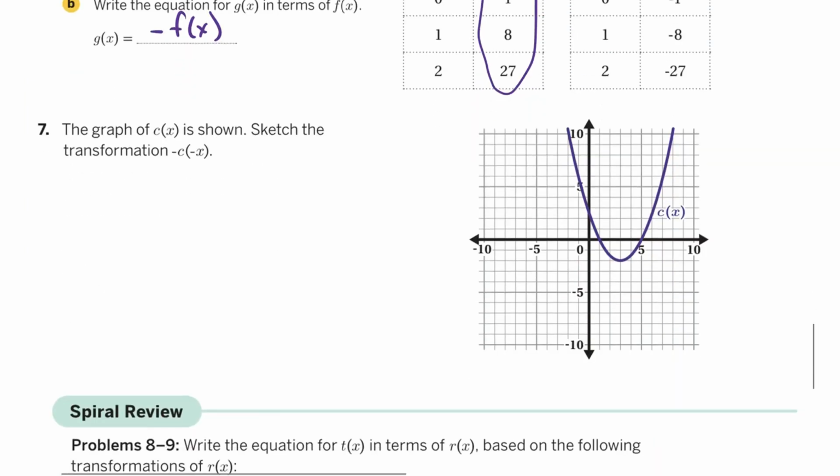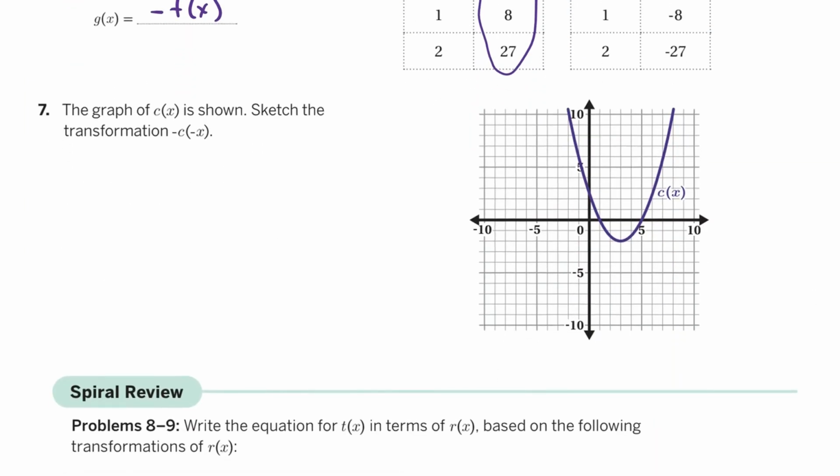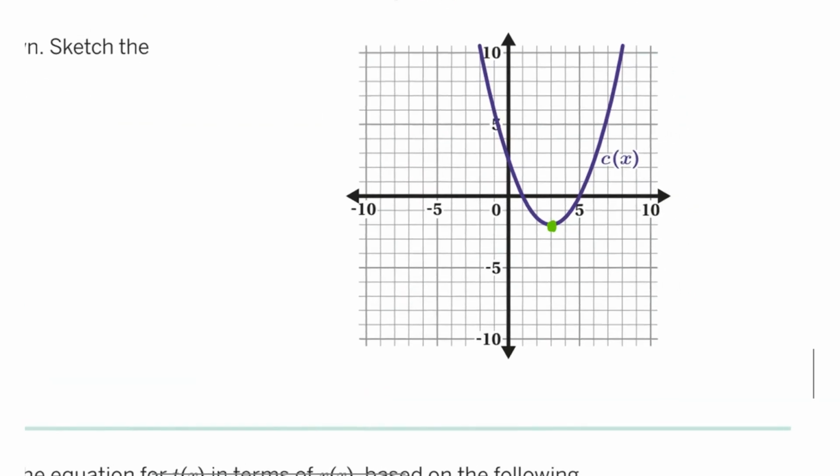For 7, the graph of c of x is shown. We're asked to sketch the transformation negative c of -x. That means we're going to be multiplying the inputs and outputs by -1. I'm going to start with the vertex of this parabola, and multiply the input by -1, which puts it over here at -3, and then the output by -1.